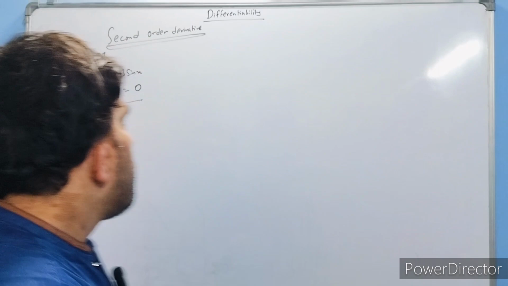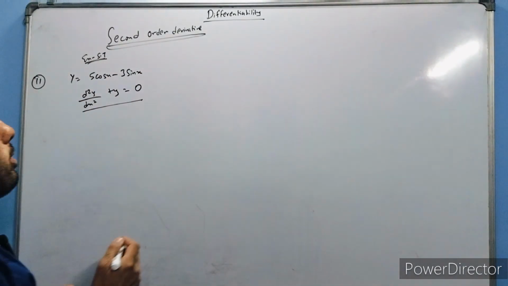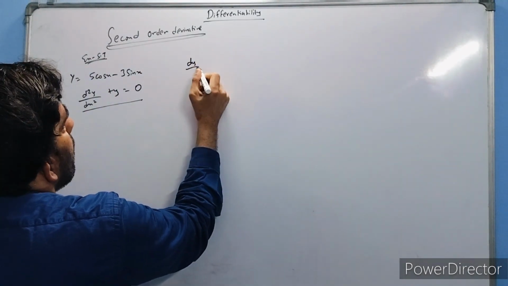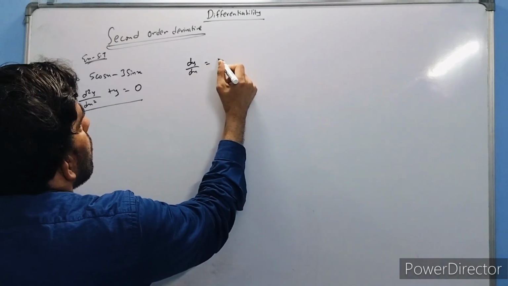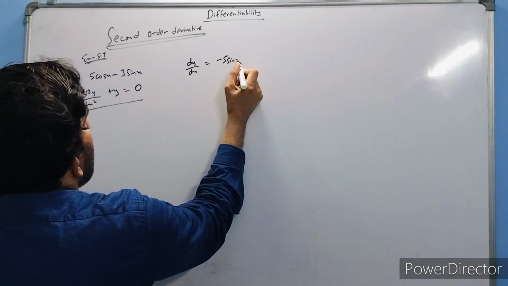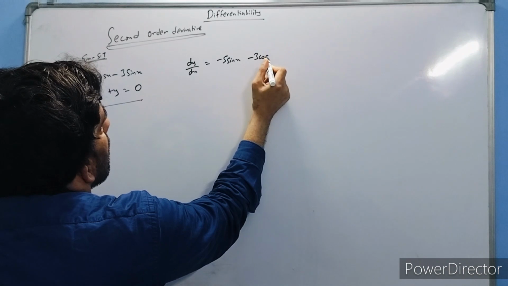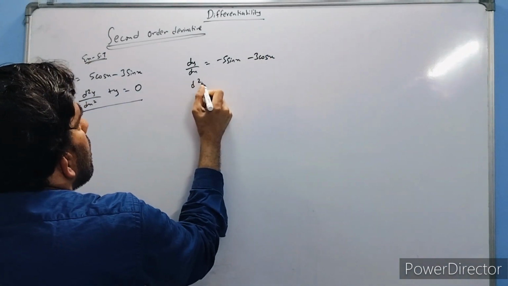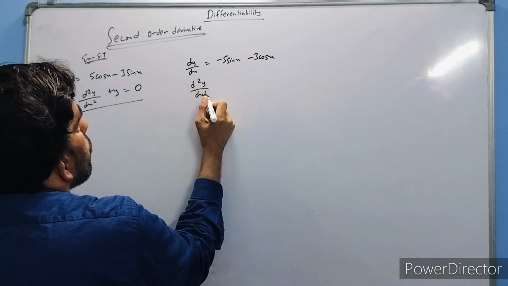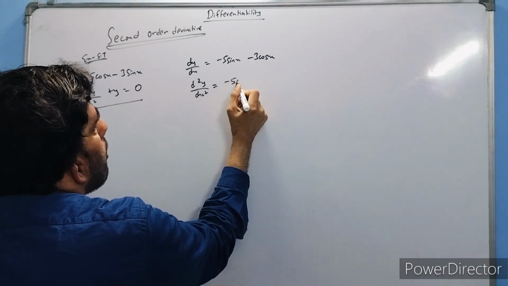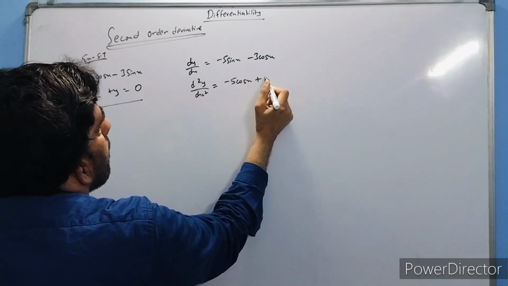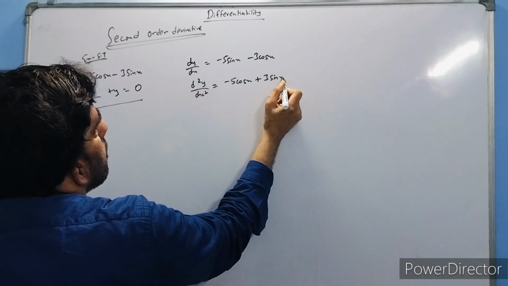In this, first we need to find the double derivative. So dy upon dx is equal to minus 5 sin x minus 3 cos x. Again, d2y upon dx square we have minus 5 cos x plus 3 sin x.